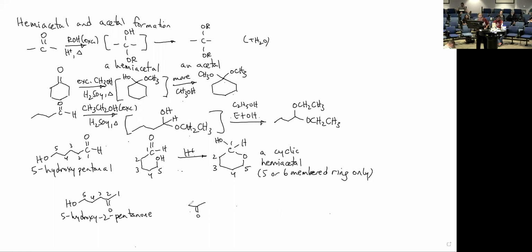So this one's not in your book. 1, 2, 3, 4, 5, OH. And you can see again that OH group is in just the right place to attack. If you treated this with an acid catalyst, I think you would very easily get that 5-membered ring.